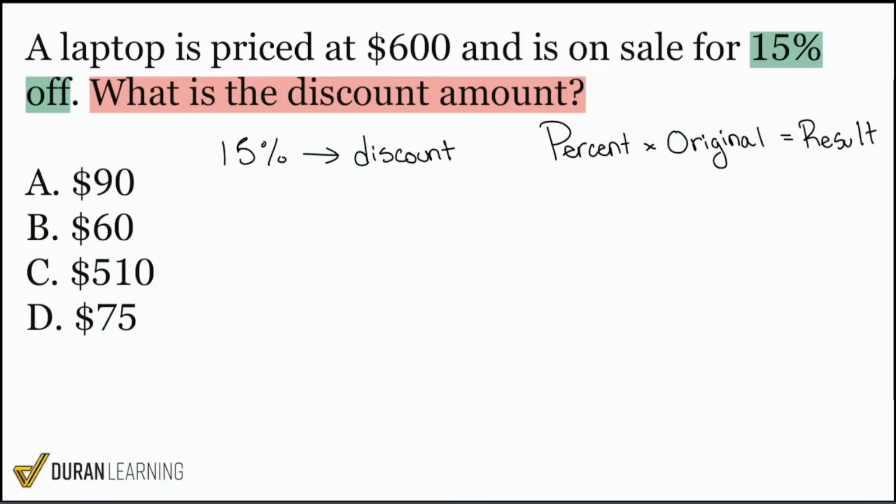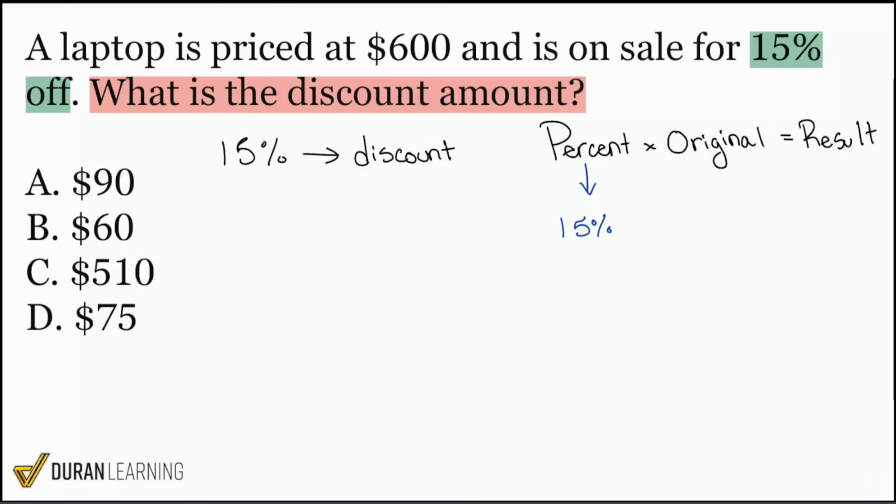If we plug in 15% right there for the percent, tell me again, whether out loud or in the chat box, what does that 15% represent? It represents that discount. And our main idea says that the percent that you plug in is the result that you get out.